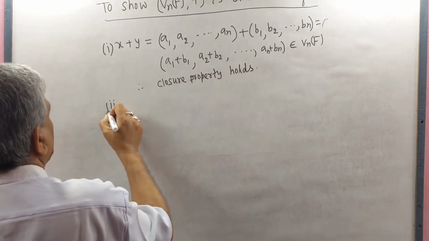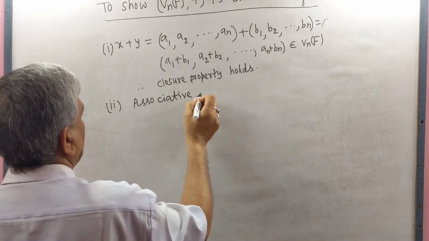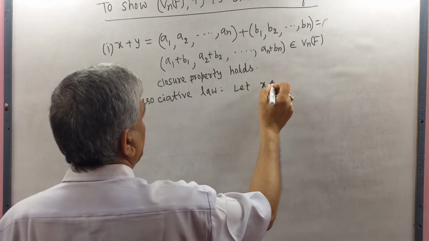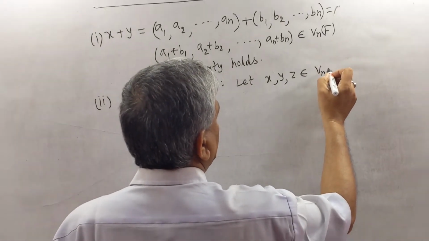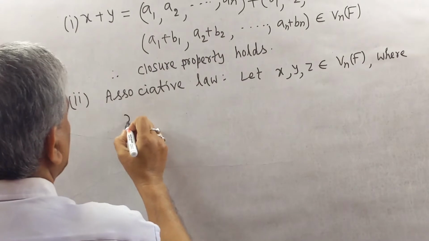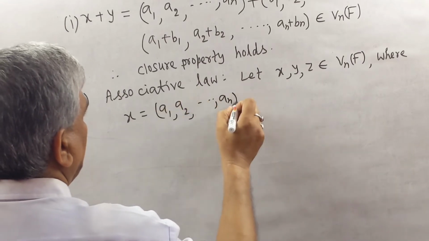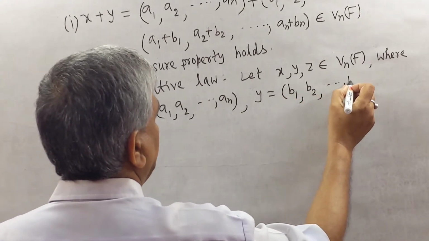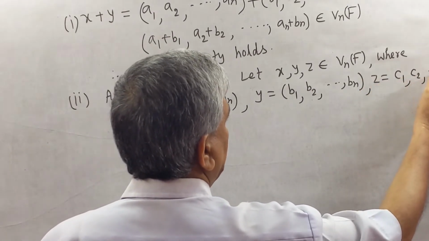Number 2, associative law. Let x, y, z belong to V_n(F), where x equal to (a1, a2, ..., an), y equal to (b1, b2, ..., bn), z equal to (c1, c2, ..., cn).